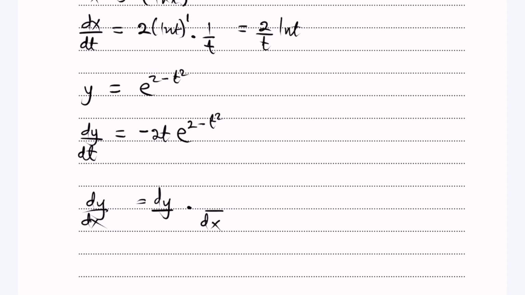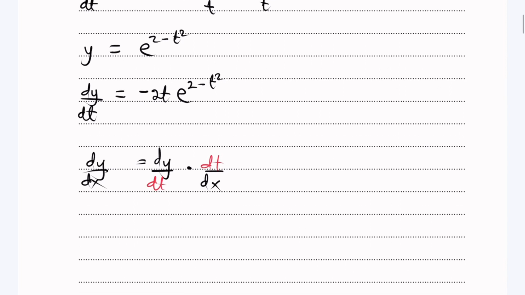So we check what is the variable missing. That's the t, dt. Therefore, dy/dt, which is negative 2t e to the power this, times dt/dx, and dt/dx is going to be the flipped of this. So you get t over 2 ln t.